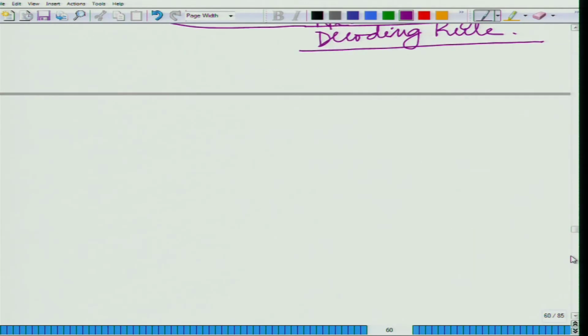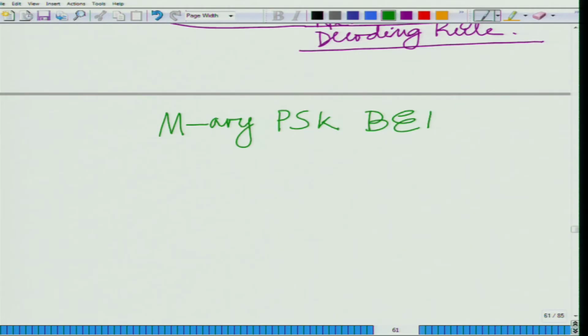Now what we have to do is look at the bit error rate for M-ary PSK. Previously, for PAM, QAM, etc., we had an elegant way to look at the bit error rate.